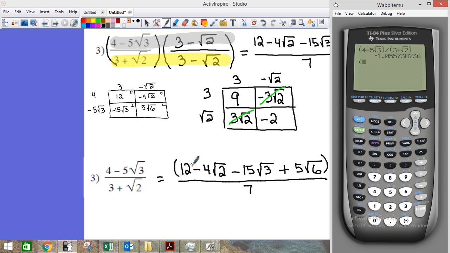Alright, let's see if my answer gives me the same decimal number. So my numerator this time has 4 terms in it. I've got 12 minus 4 radical 2 minus 15 radical 3 plus 5 radical 6.